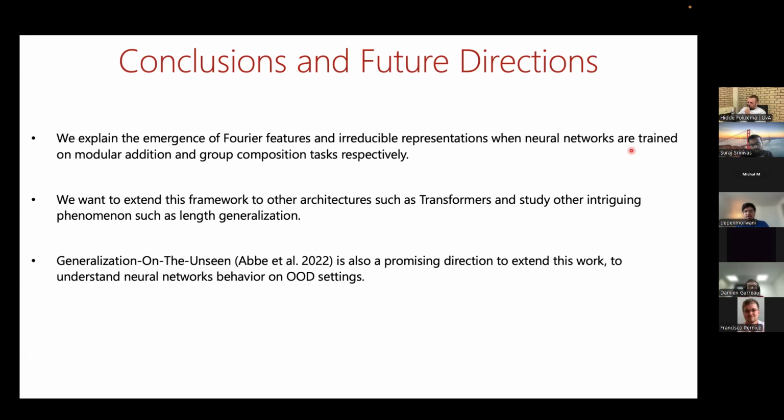I think this work can be used to extend that line of work to other interesting scenarios as well, and this will help us in understanding how neural networks behave in some out of distribution settings.